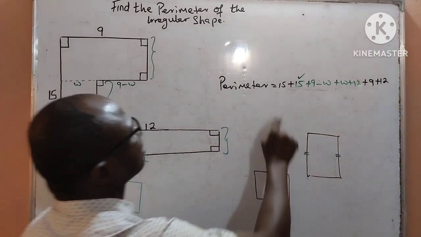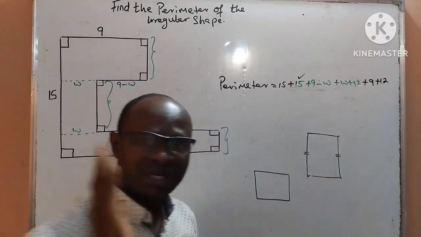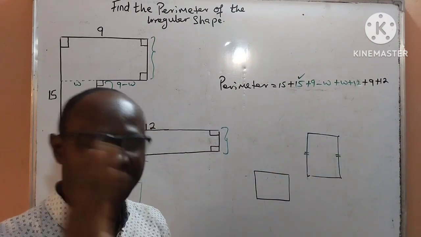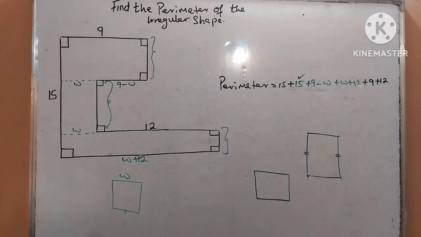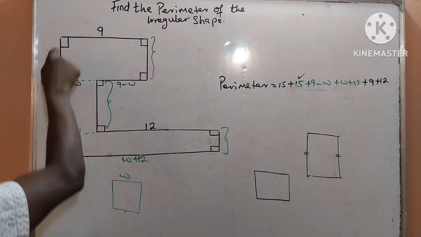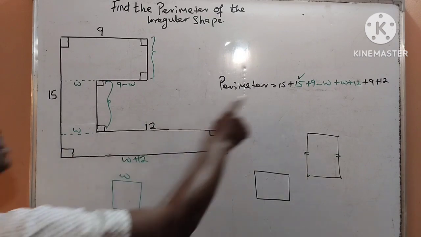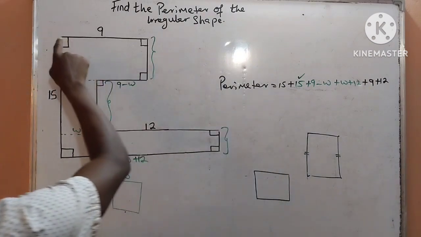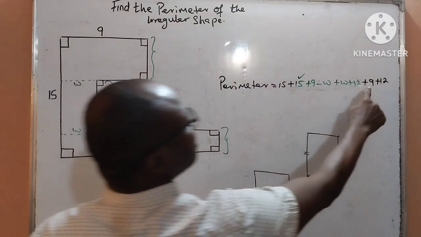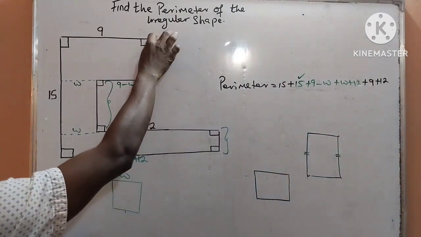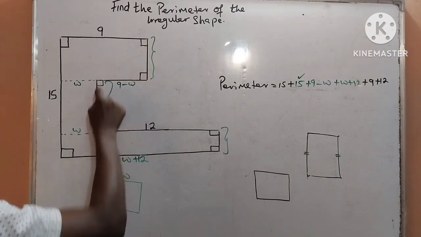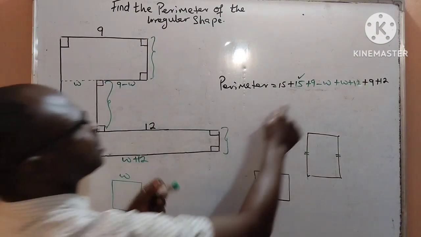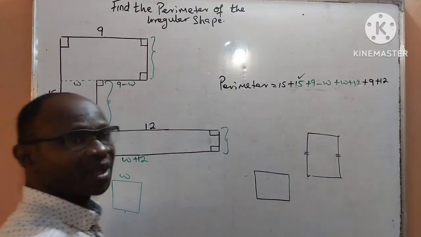I want to take it again, because when we add this, that will give us exactly the perimeter of the irregular shape. Therefore, we begin. 1. This line is this 15. From here to here is this 9. Then the green marked sides, which is 1, 2, 3, is this 15.